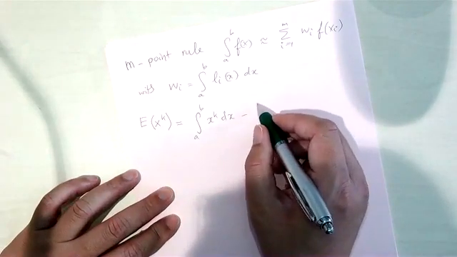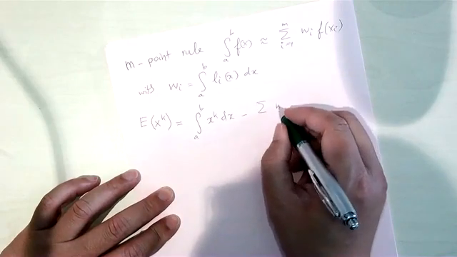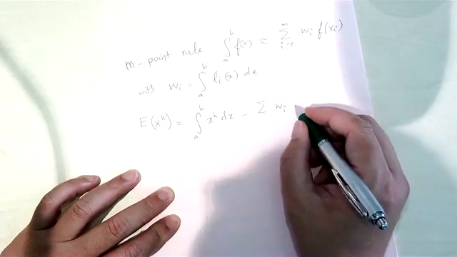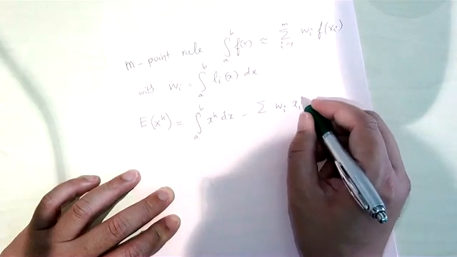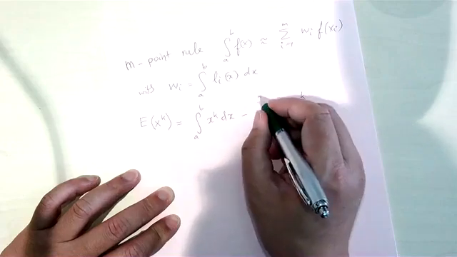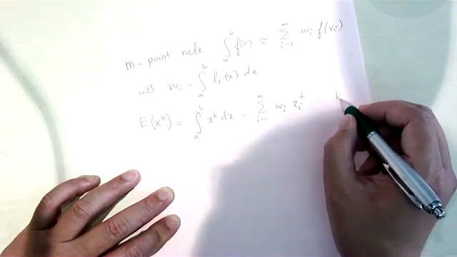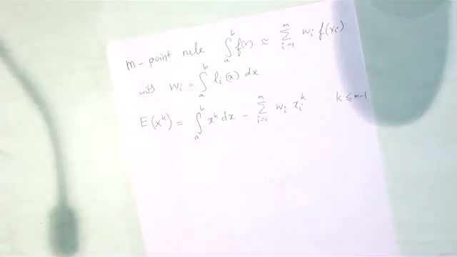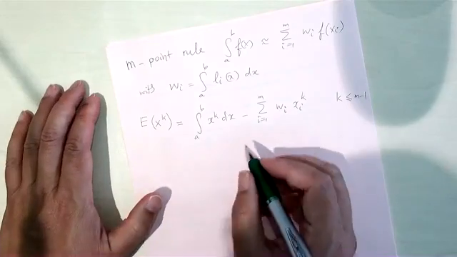And the quadrature will be the sum of the weight times the function, which will be x_i to the k, i from 1 to m. So here k is some number less than or equal to m minus 1, okay? Because what I want to prove is only for degree less than or equal to m minus 1, yeah?